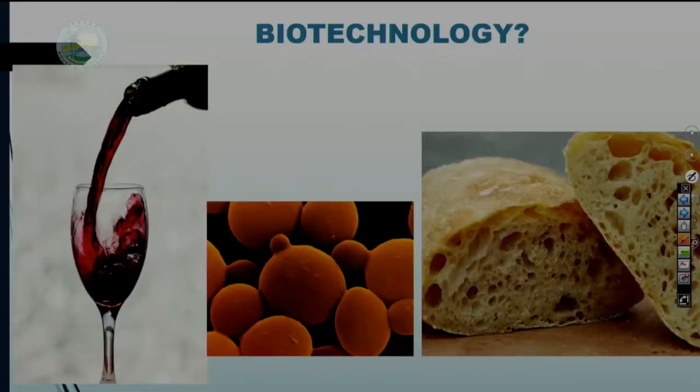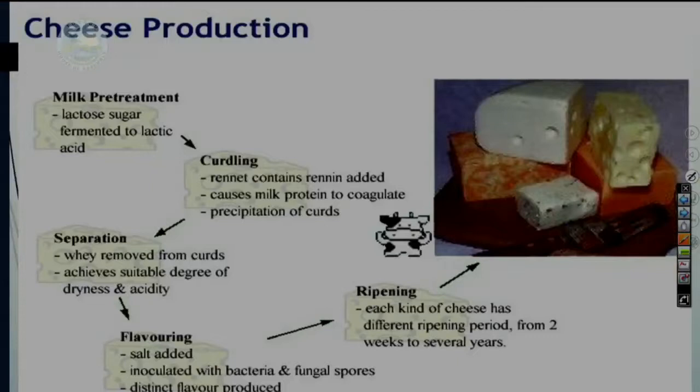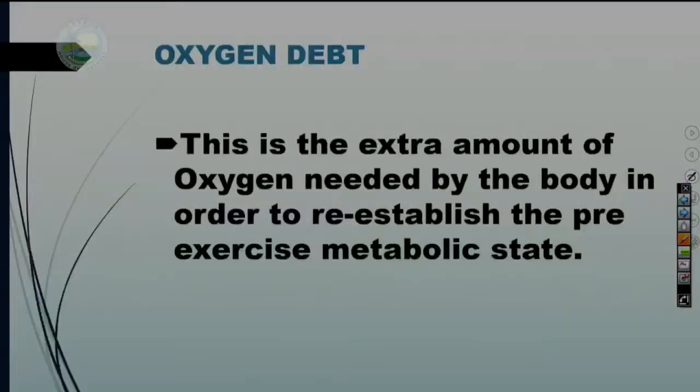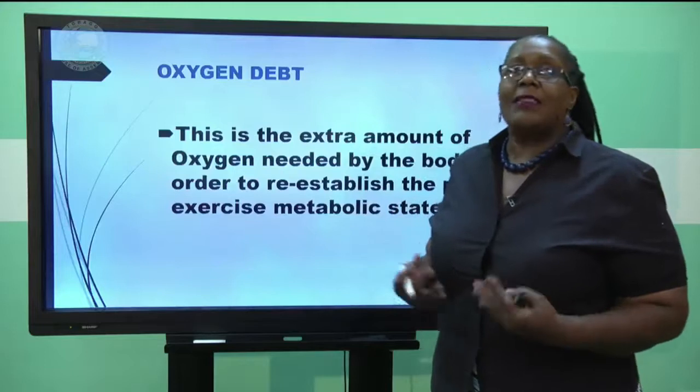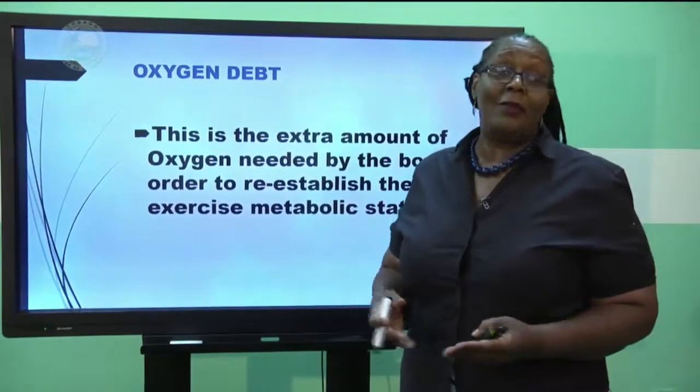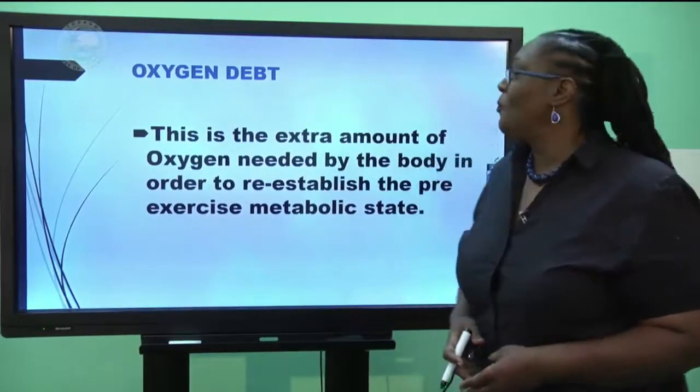And so wine making, bread making, cheese making, and many other processes are using the knowledge that we have about anaerobic respiration to have huge industries where a number of people are employed, a number of persons get enjoyment, and most functions may have some kind of alcoholic beverage. So a vast industry has developed surrounding anaerobic respiration.